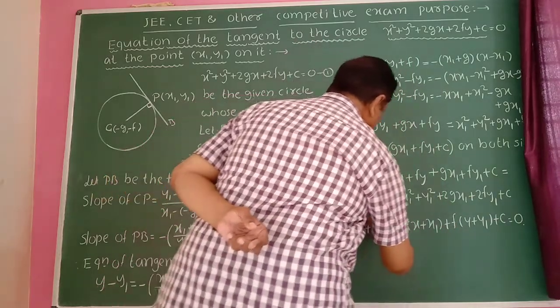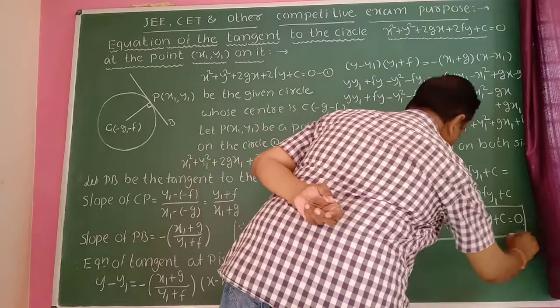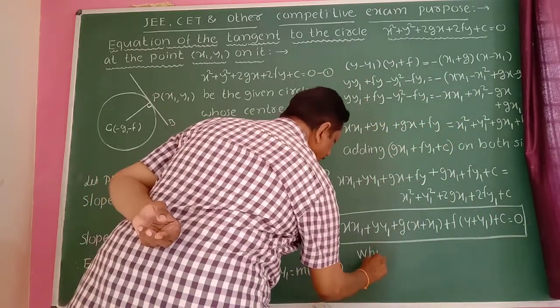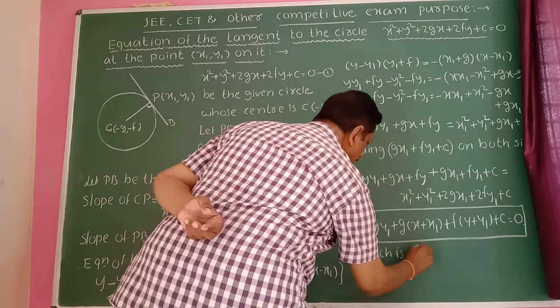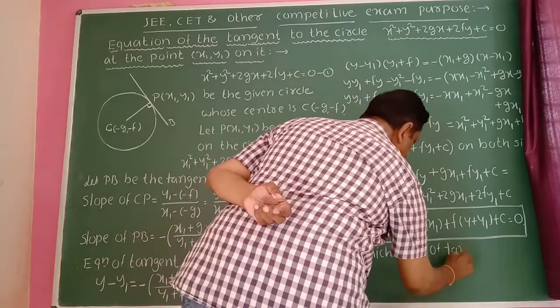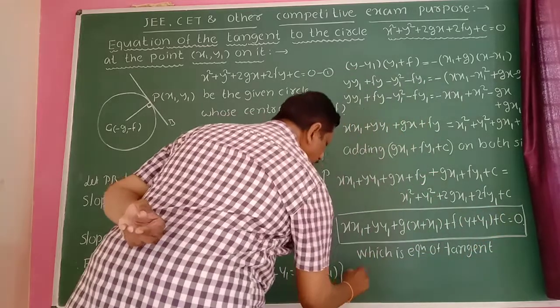So this is the equation of the tangent to the circle 1.